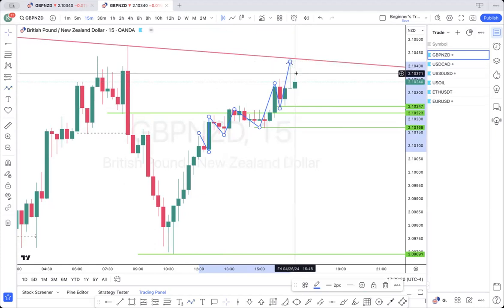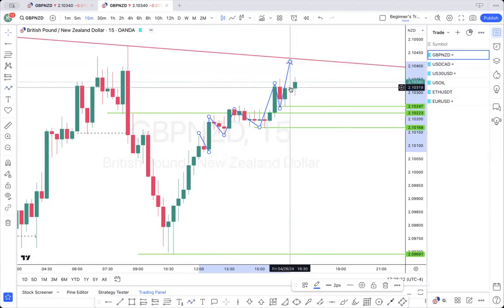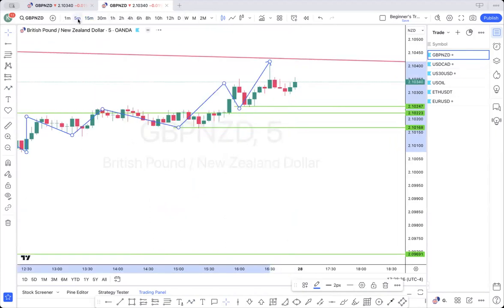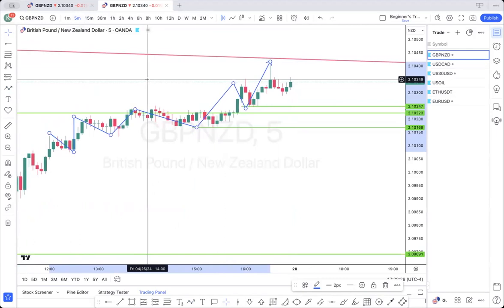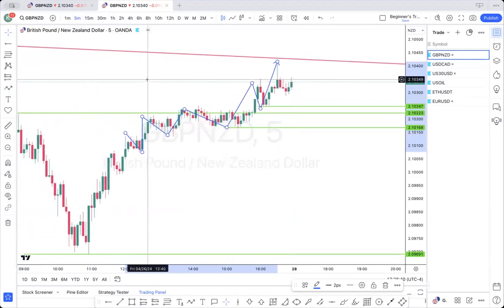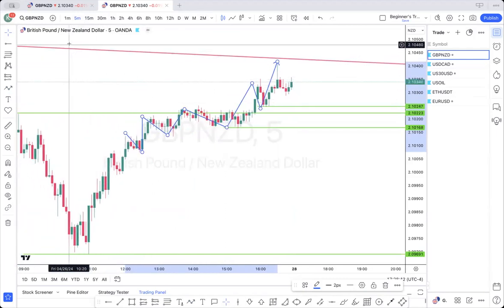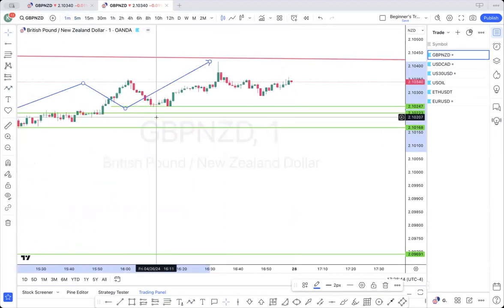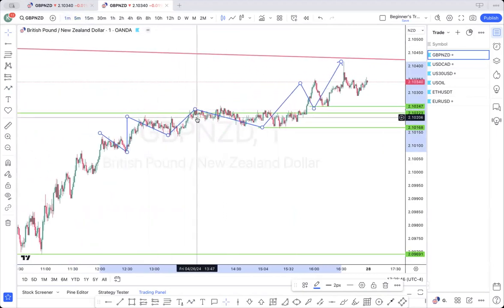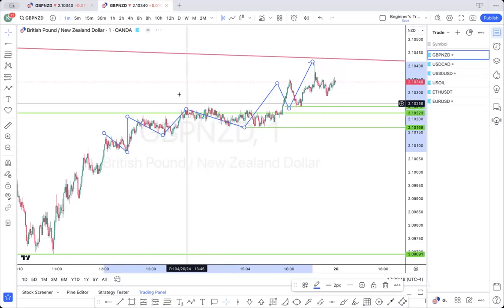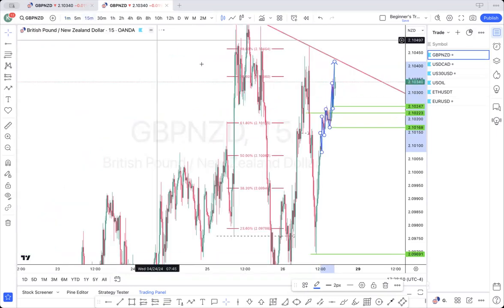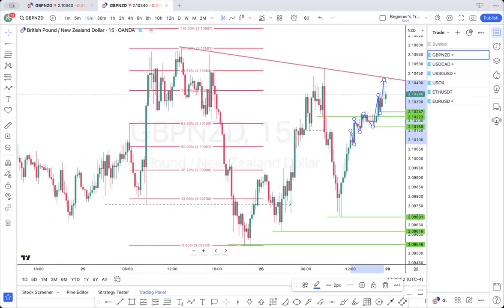And then it rejected. Now, I don't necessarily go down to the 5 minute or the 1 minute to see what I need to see. I just know that I'm looking at market structure from the 15-minute time frame.